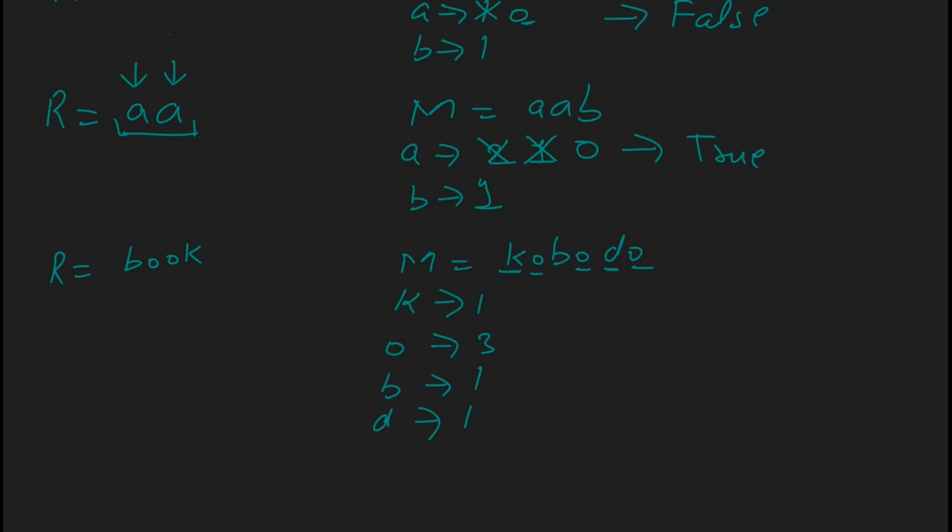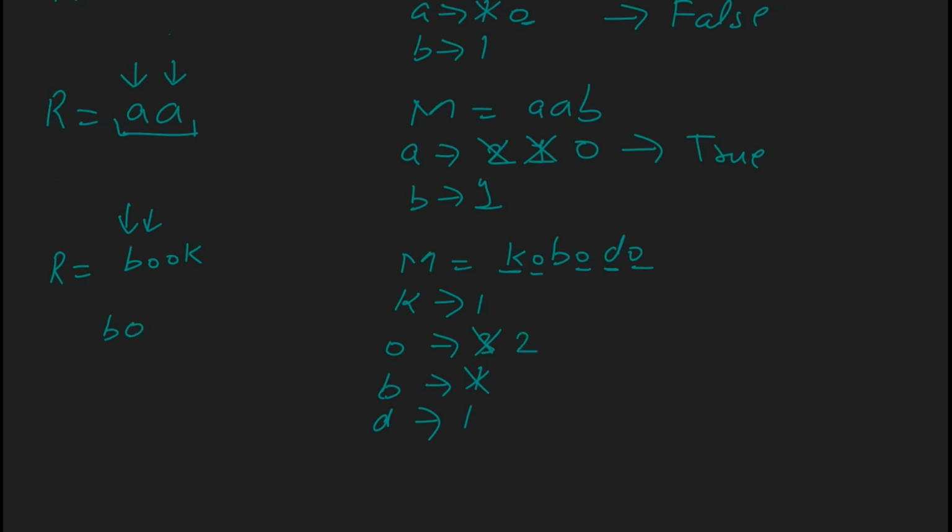Now we will start creating our ransom note. First of all, we take B from our magazine. Is B available? Yes, so we take one B from our magazine and create the ransom note B. Then we go on to the next character, that is O. Is O available in our magazine? Yes, so we take one O and the number of O left will be 2.